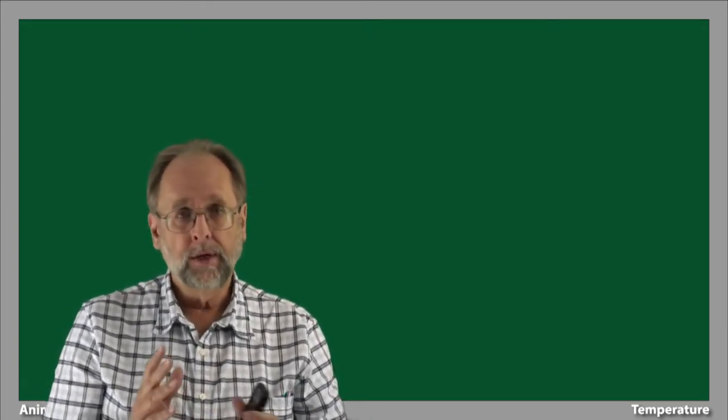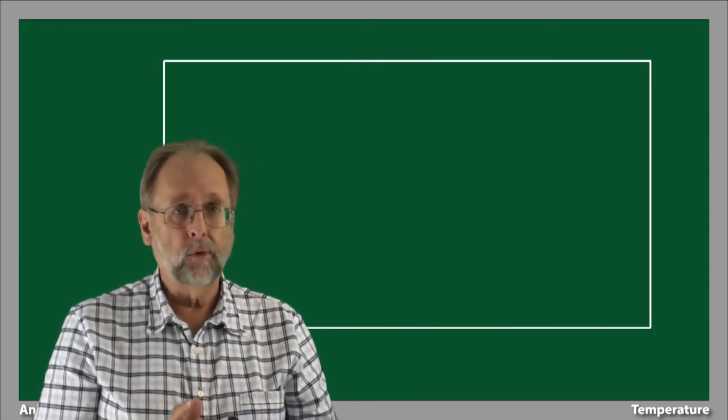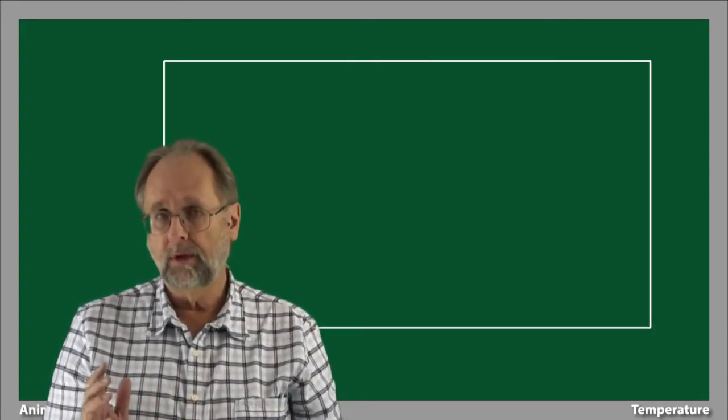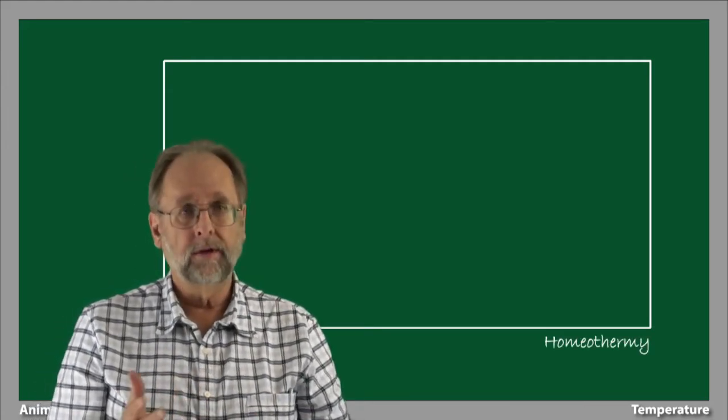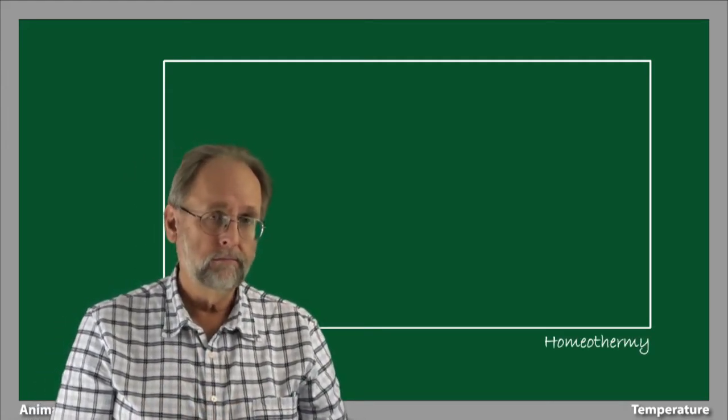Because the subject of steadiness of body temperature is somewhat independent of the subject of the source of heat for regulating body temperature, we can plot these out independently of one another into a sort of thermal lifestyle space. Along the horizontal axis, we have the continuum between poikilothermy and homeothermy.